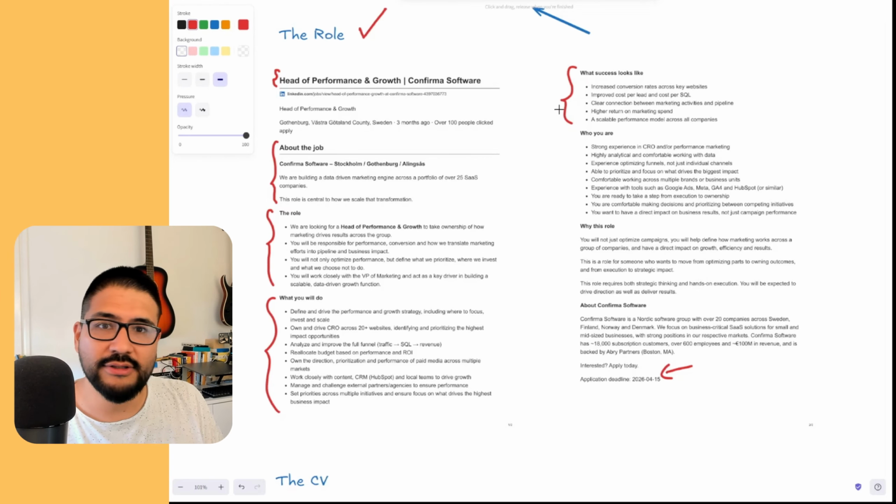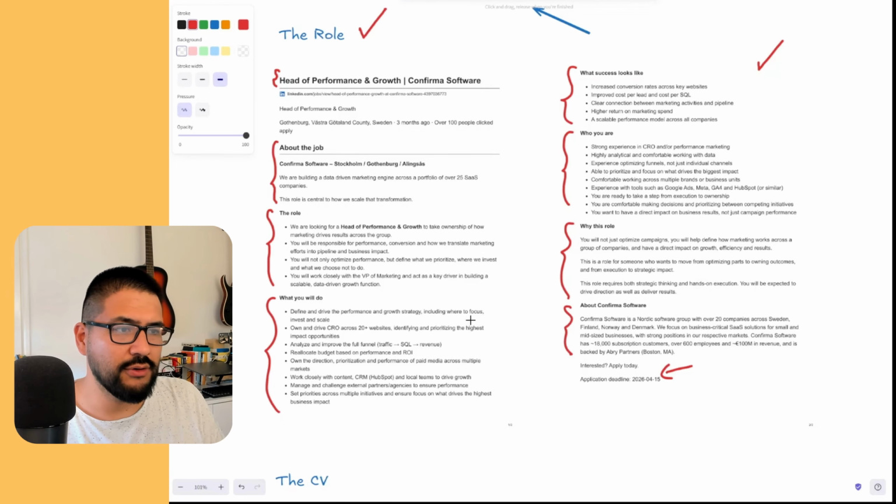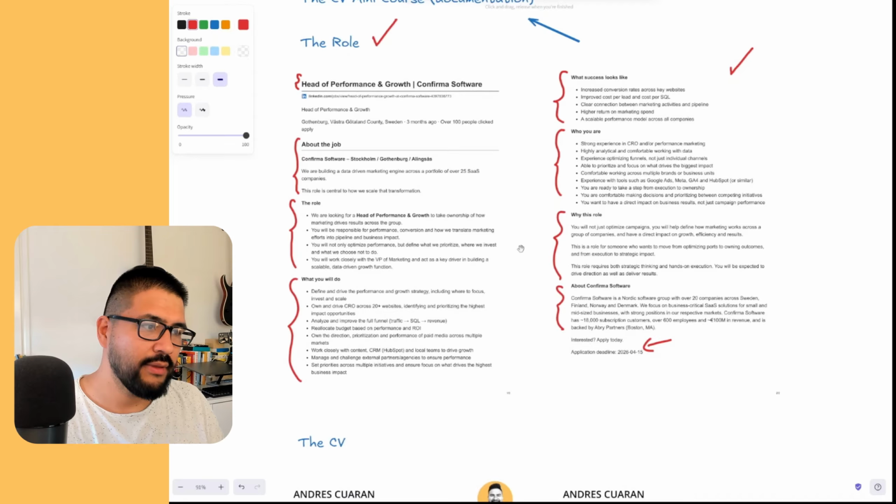What success looks like: this is what a lot of people ask during the interviews, but it's already here. Who you are, fantastic. Why this role, and about the company. This is why we need this: we're going to use a lot of the information here to make the documentation, all right? So that is what we need, the role.